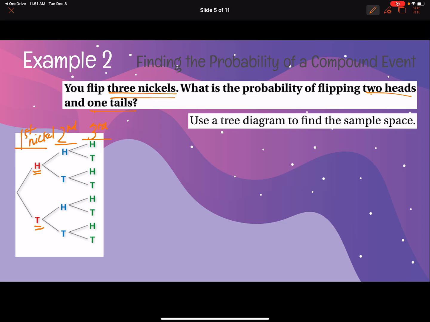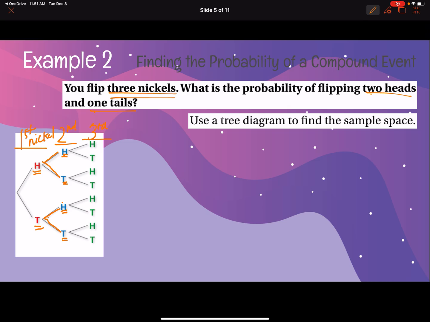Our second nickel is going to have the same options, but we're going to pair it up with, let's say we have a head on the first nickel, then it could pair up with another head, or it could pair up with a tail. Our second option or possibility is a tail on the first nickel. If we flip a tail on the first nickel, we can still get a head on the second nickel, or we could get another tail on the second nickel.